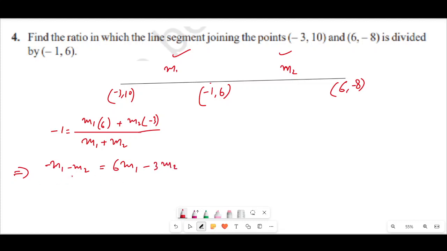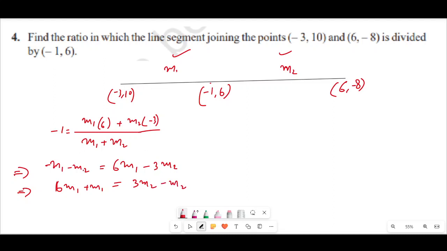Now M1 shifted to one side and M2 shifted to the other side. Now 6M1 plus M1 equal to 3M2 minus M2.